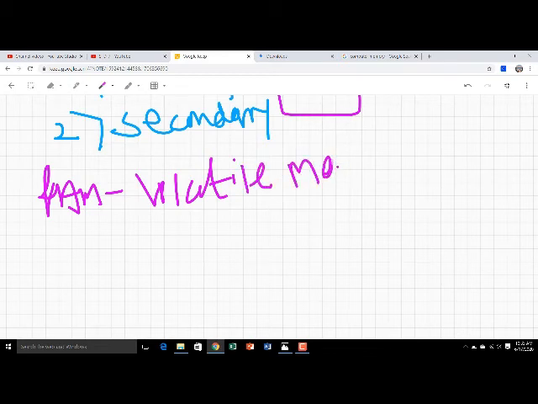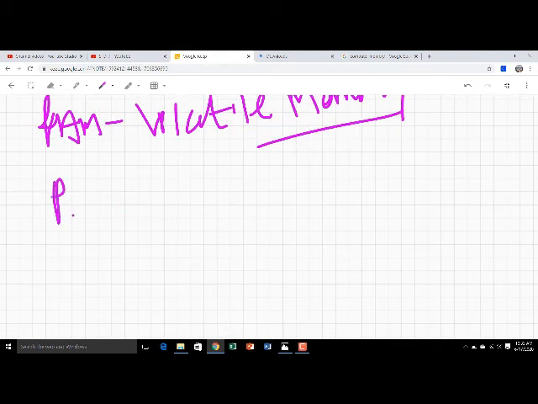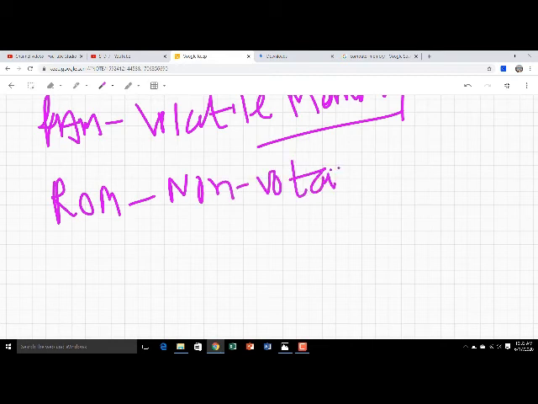And ROM is read only memory, and this is non-volatile memory. So RAM is volatile memory, and ROM is non-volatile memory.